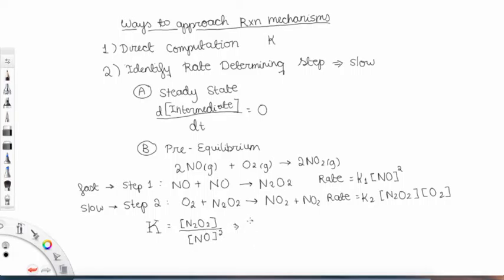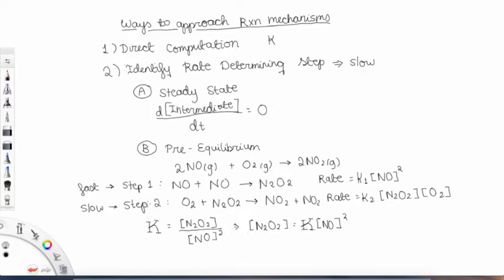And remember that the concentration of N2O2 is going to equal this, if I rearrange the equation. And step two, which is the slow step, determines the rate of formation of NO2. So this is the step that actually is going to determine the rate.